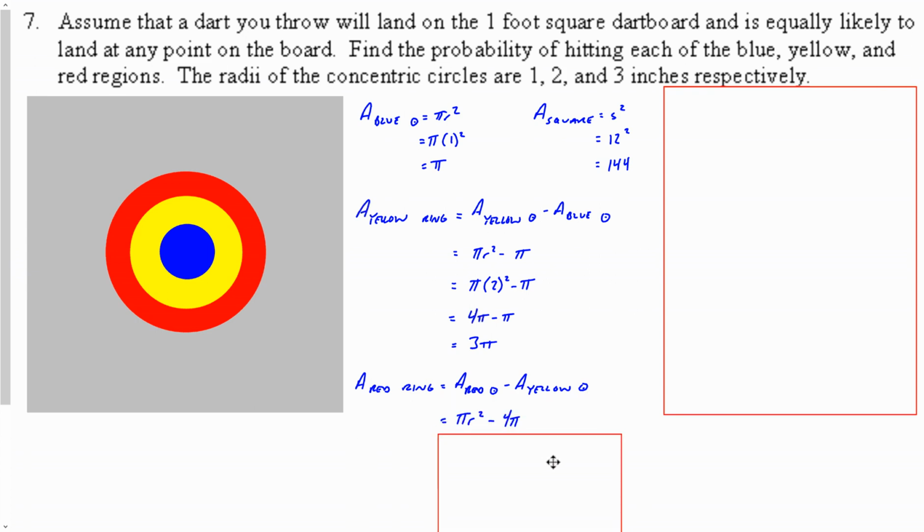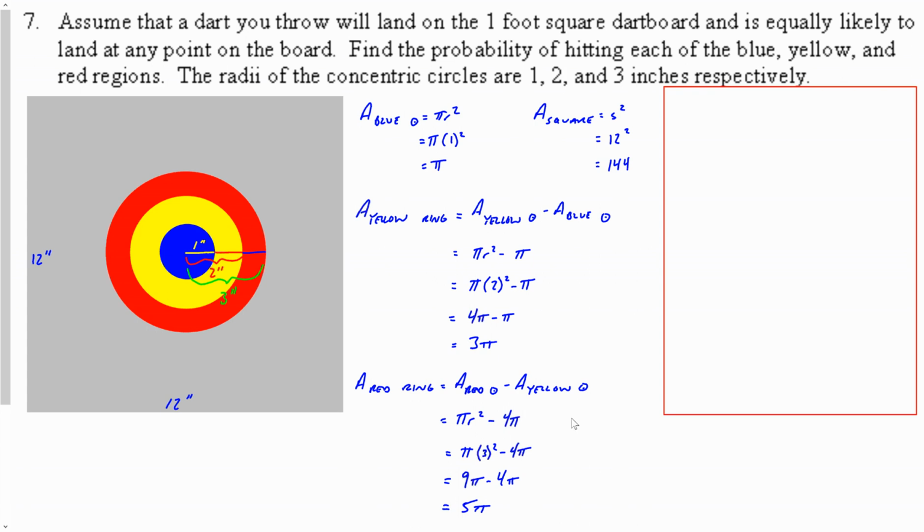Again, the area of a circle's formula is pi r squared, and then we have that yellow area, the area of the yellow circle that we already calculated up here. So we don't have to find that again. We could just use that value that we already have. Now that red circle has a radius of 3 inches. So if we plug that in and then simplify, we would be able to work our way to find that the red ring has an area of 5 pi square inches.